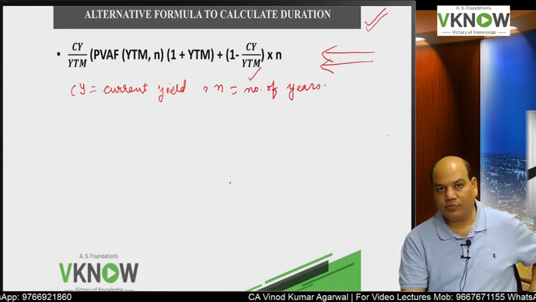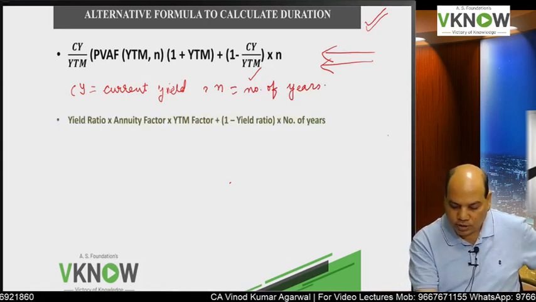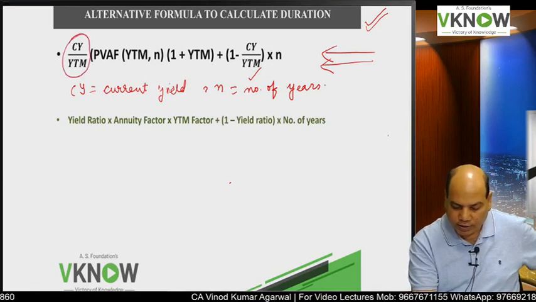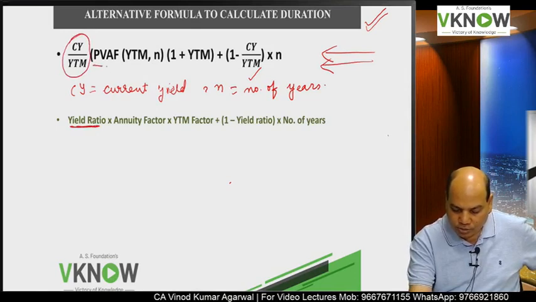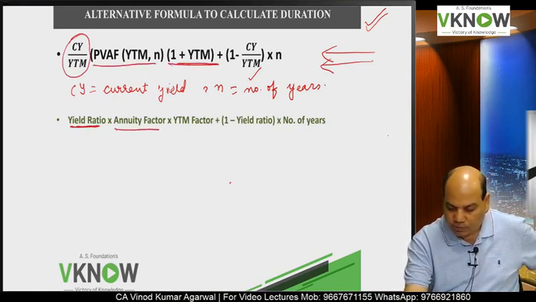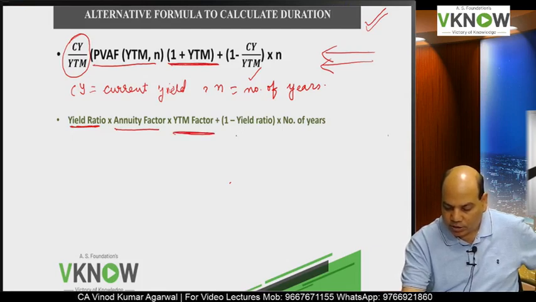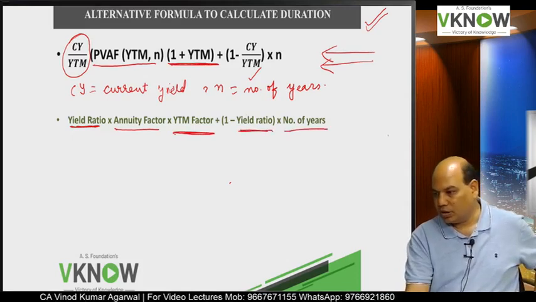In short we will say current yield upon YTM, we will call it yield ratio. PV annuity factor you already know. This 1 plus YTM is called YTM factor, plus again 1 minus yield ratio into number of years.